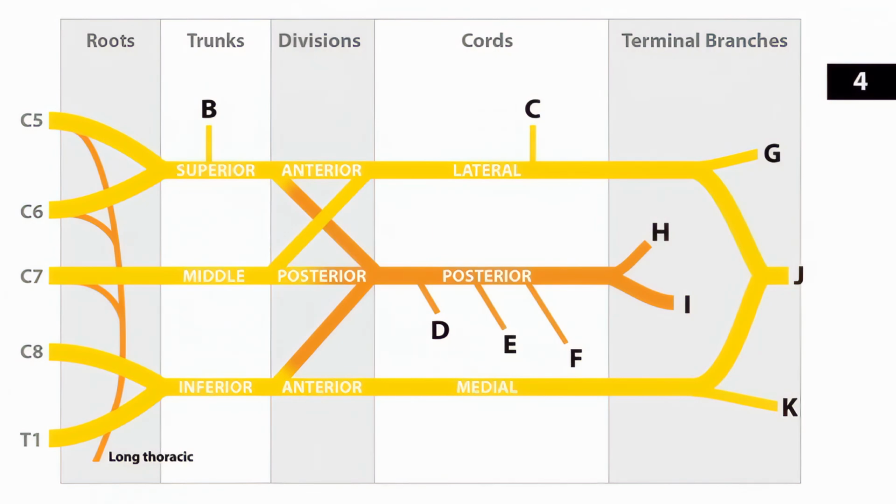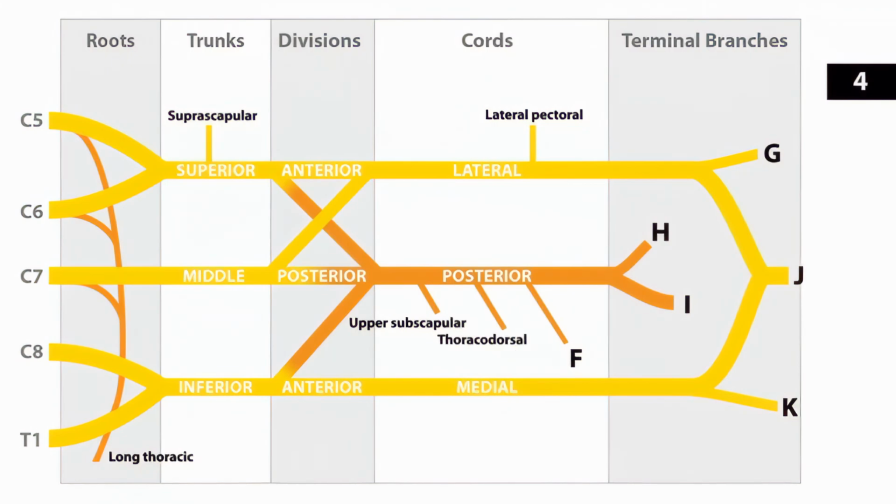Letter B is the suprascapular nerve, which is coming off of the superior trunk, and the suprascapular nerve innervates the infraspinatus and supraspinatus. Letter C, coming off of the lateral cord, is the lateral pectoral nerve, which innervates the pectoralis major. Letter D is the upper subscapular nerve, which innervates the subscapularis.